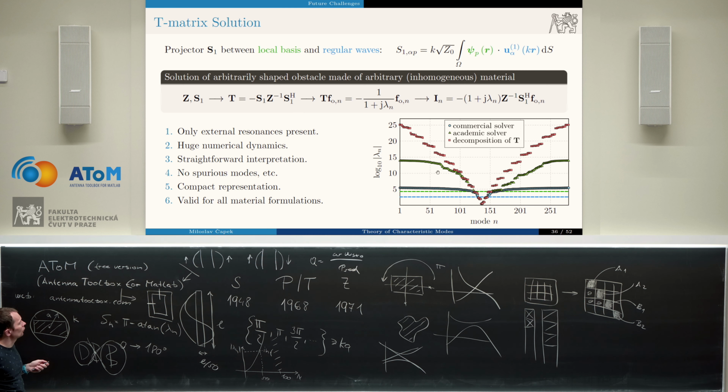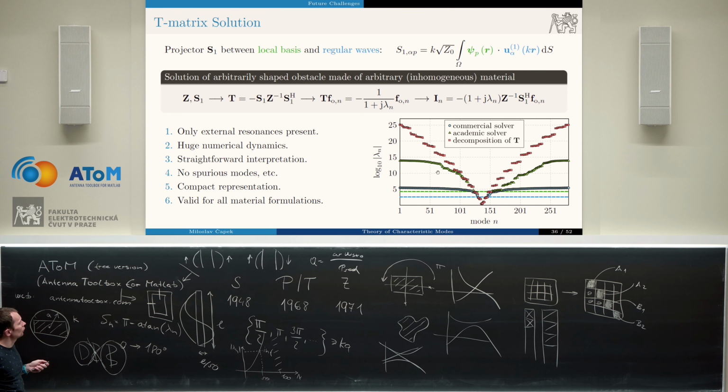The academic solver, very well implemented, with an extremely high numerical quadrature rule utilized, and so on, shows more or less the same numerical saturation, because the last correctly calculated modes are roughly here. So 6 digits probably, no more.